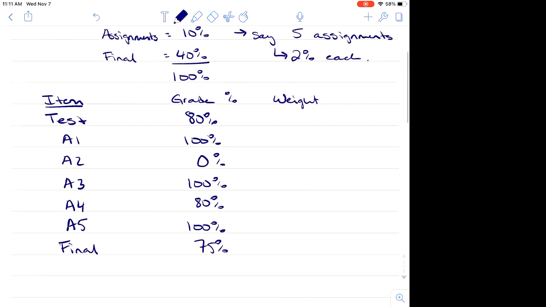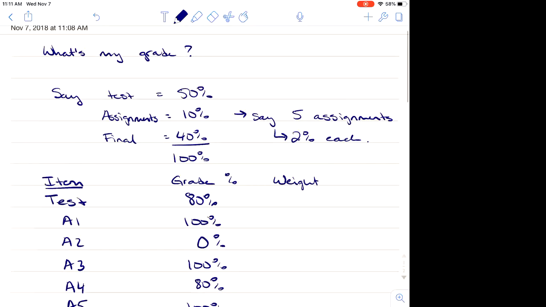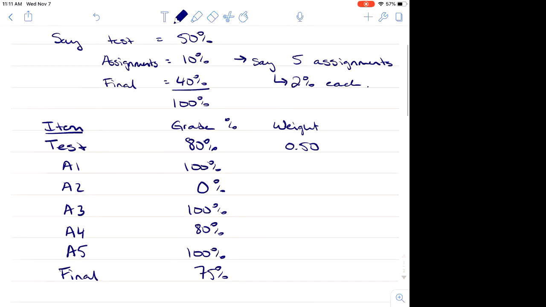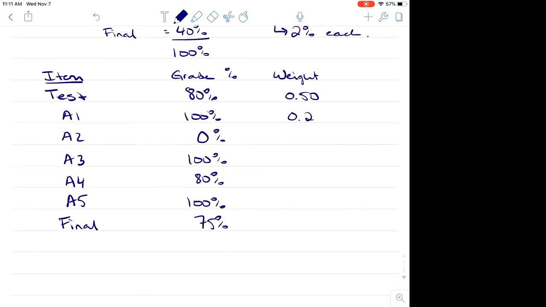So the weight of each of these, right? If a test is worth 50%, the weight is 0.5, right? The weight of this one would be 0.2 or 0.02, sorry.